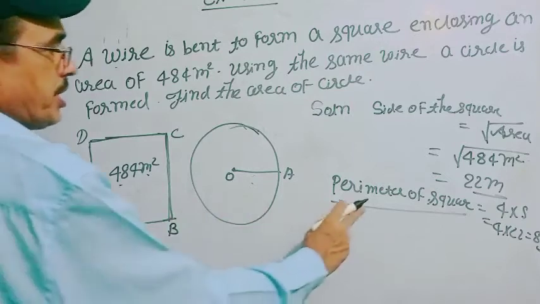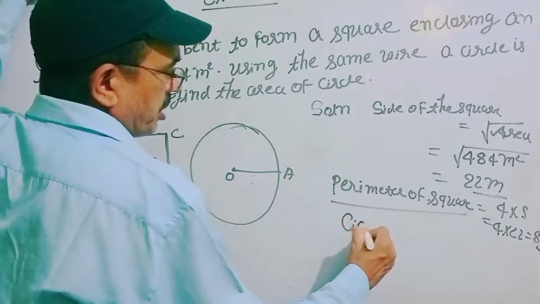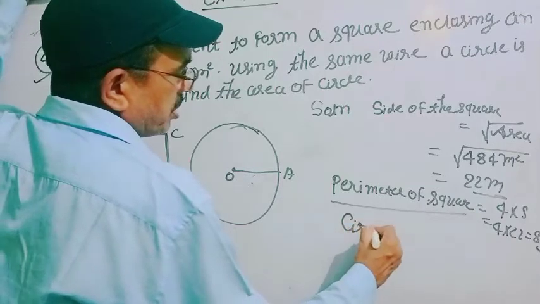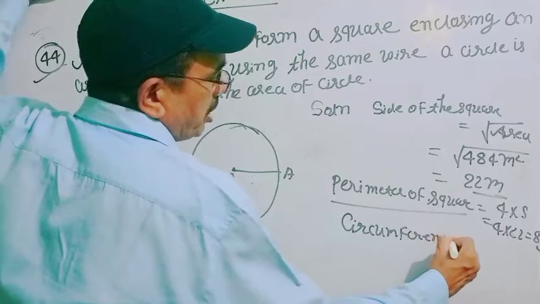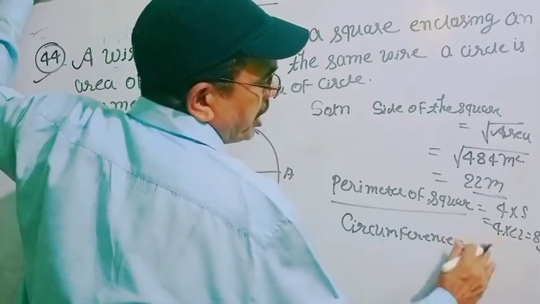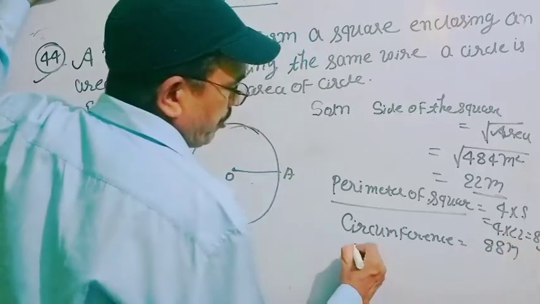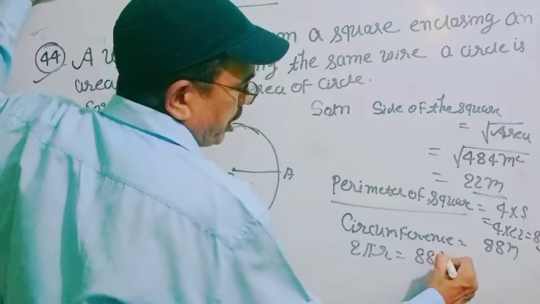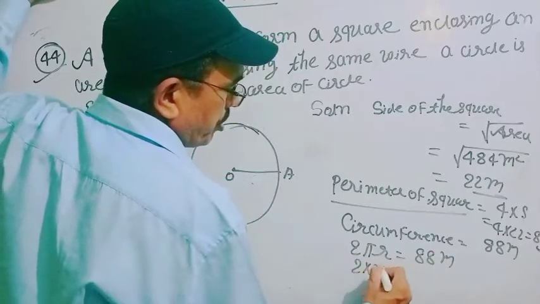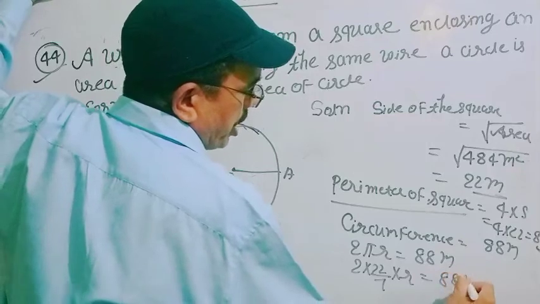If the perimeter is given, then it is equal to the circumference. The circumference of the circle is 88 meter, and circumference is equal to 2 pi r, is equal to 88 meter. Then here is 2 into 22 by 7 into r, is equal to 88 meter.